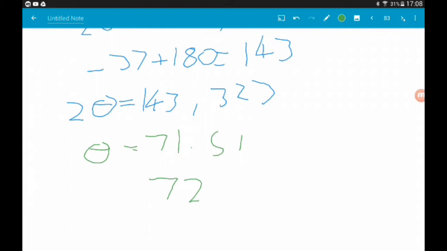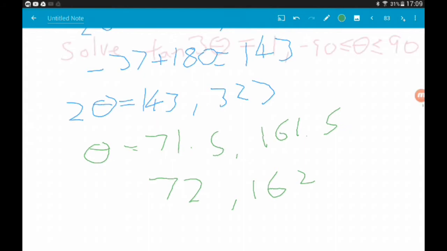And then 323 divided by 2 is 161.5. But to the nearest degree, that would be 162. So there are our solutions to the nearest degree for that one.